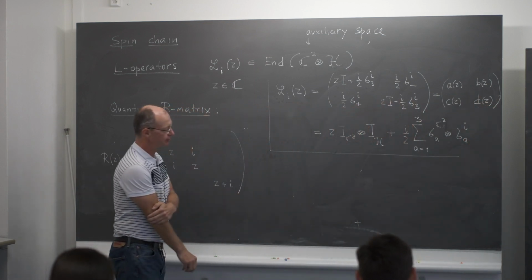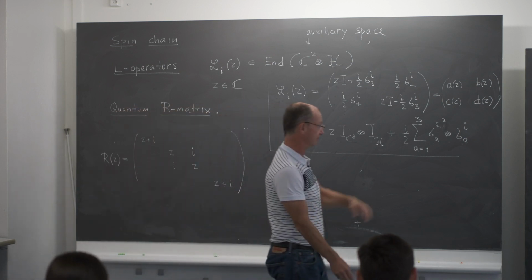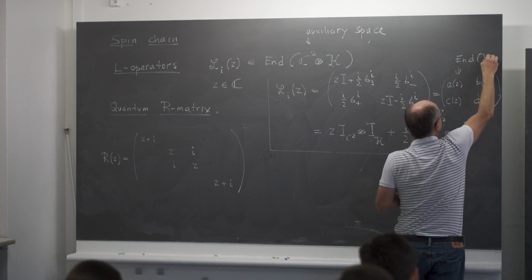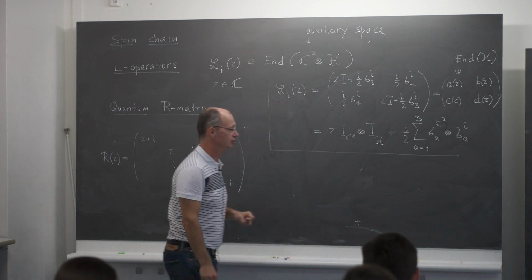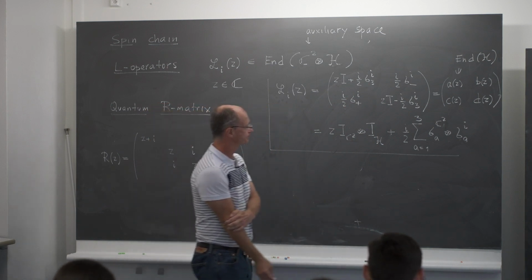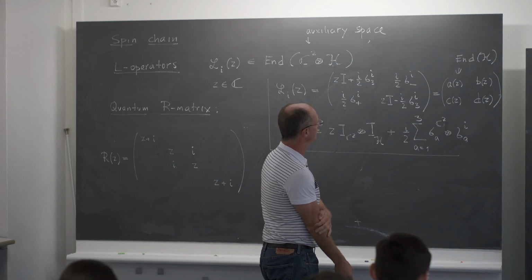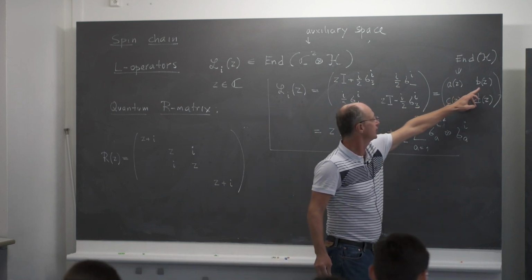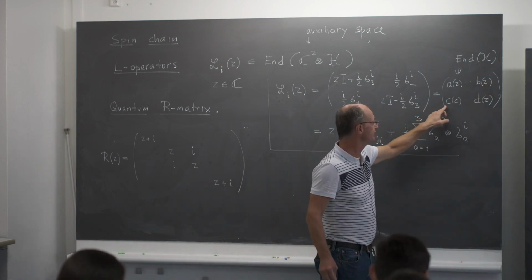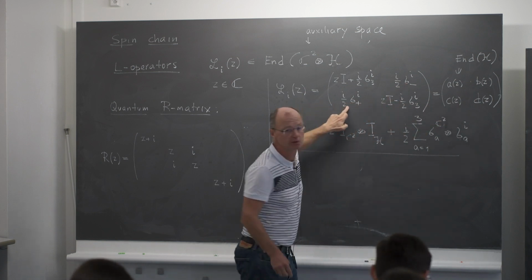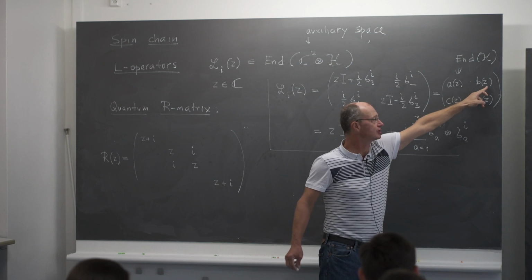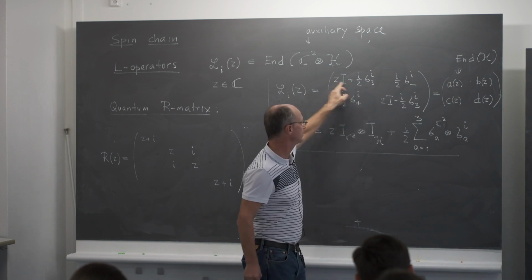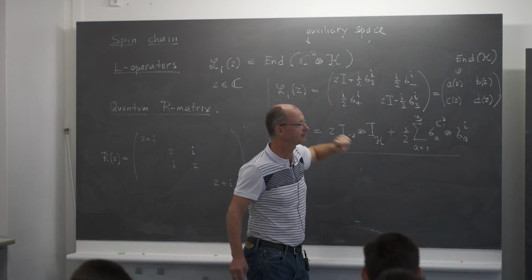So let me denote those matrix entries A, B, C, D. Let me recall, they are all endomorphisms of H. One more small remark. Notice that here I write B of Z and C of Z. These are those matrix entries. So they're actually constant. They don't depend on Z at all. And these guys, they are linear functions of Z.